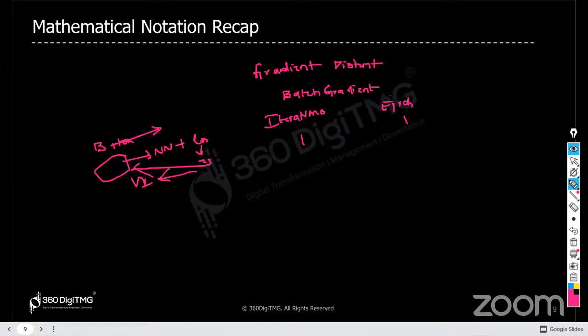And then you have the second one, SGD, stochastic gradient descent algorithm. This means random. In this, we randomly choose the observations. There are 1,000.